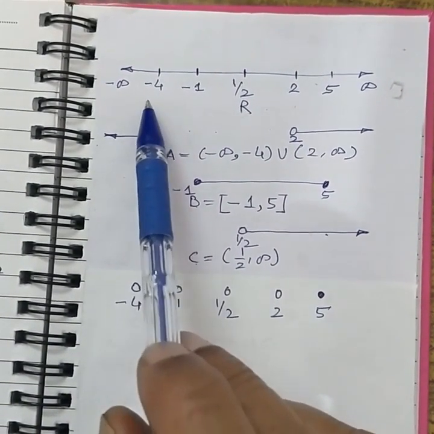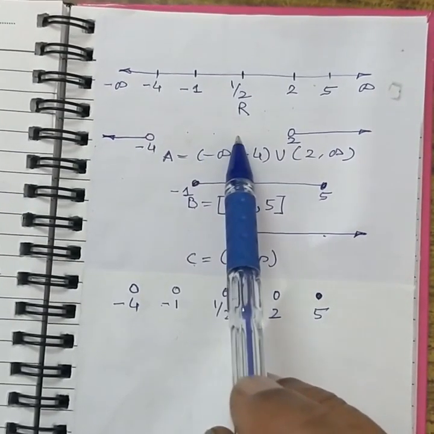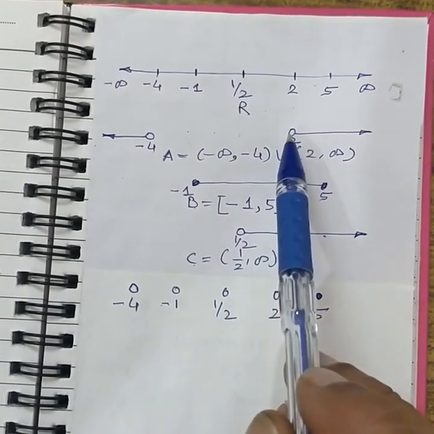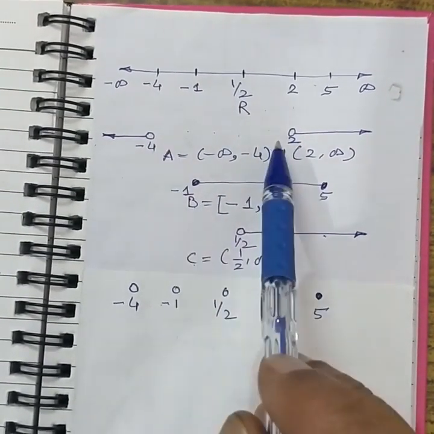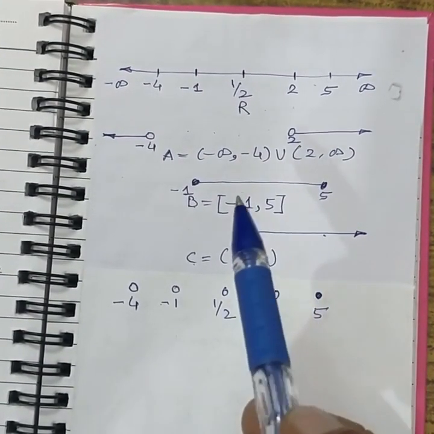The interval between minus 4 and minus 1, the interval between minus 1 and 1 by 2, and the interval between 1 by 2 and 2 are not elements of set A. Hence, they cannot be elements of the intersection.